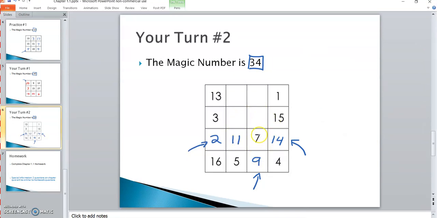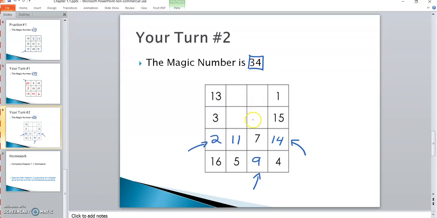Now, at this point, what's difficult to see is that there's not actually any row that I can solve, because these rows have 2 missing squares. And the columns are also missing 2. So I'm stuck.